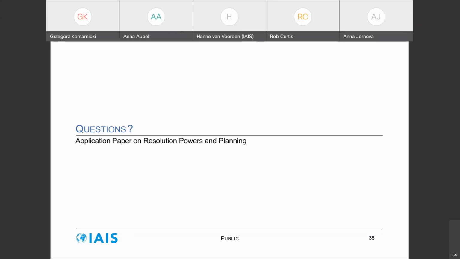We are beginning to engage with the FSB on a joint project to look at the key attributes relative to the ICPs and ComFrame, and see where there are similarities and any divergences.